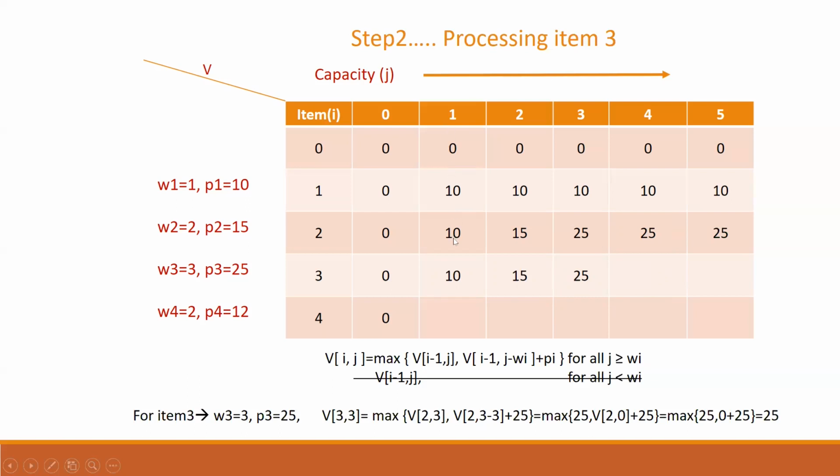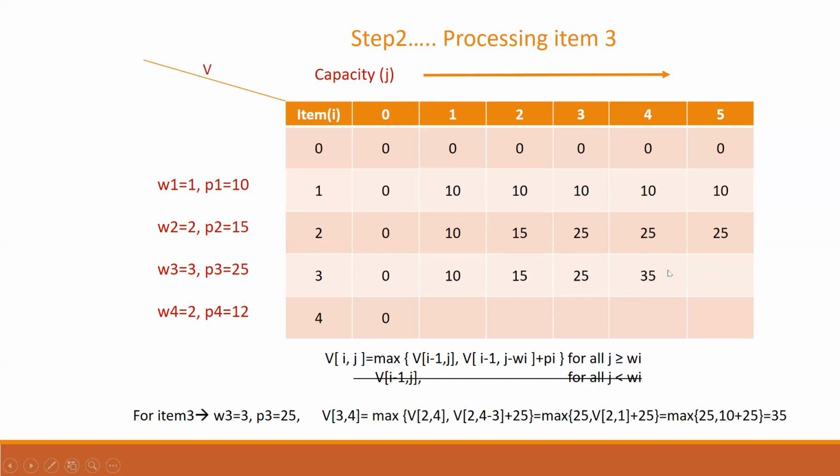For 1 kg, we can get the profit 10. So here 25 plus 10, 35. So for knapsack capacity 4 kg, we can hold item 3 and also item 1. So 25 plus 10 is 35, but the previous solution gives only 25. So we can include item 3, and we are getting the highest profit now.